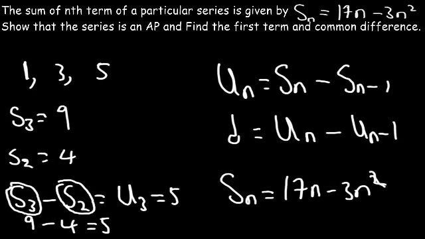Perfect. So now that I have this, there's definitely a way to solve this problem by figuring out if d is present or not. I'm just going to solve for S sub n minus 1 to get U sub n. Once I have U sub n, I'm going to solve for U sub n minus 1 to get the value of d. So let's begin with no time.